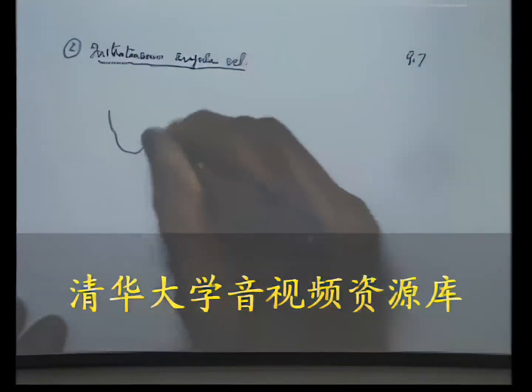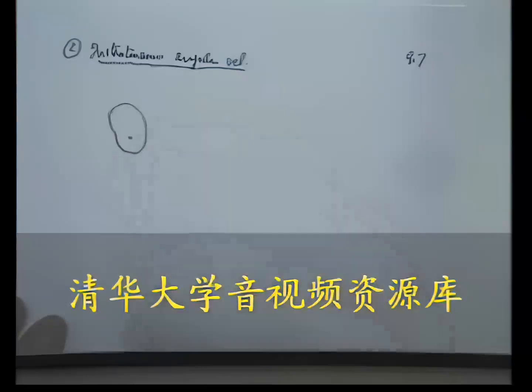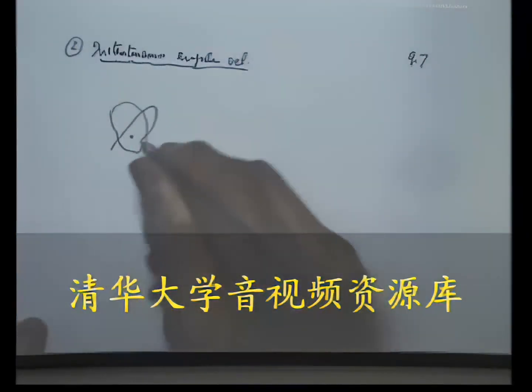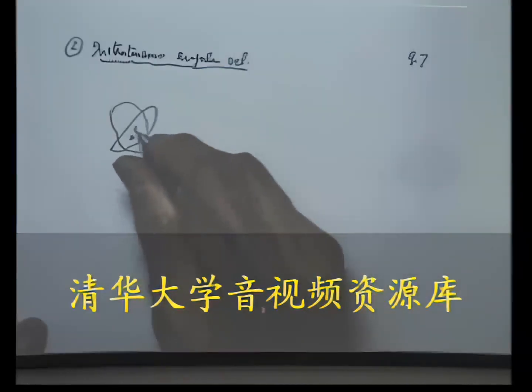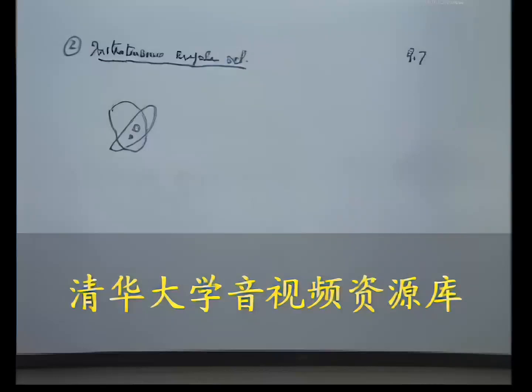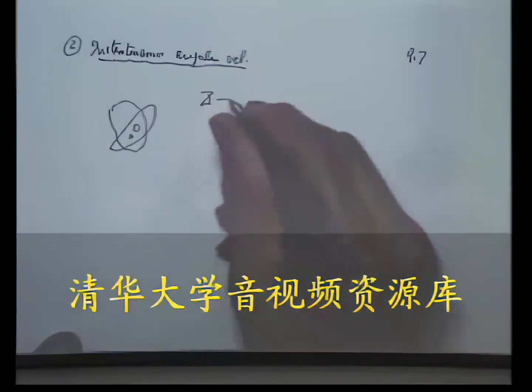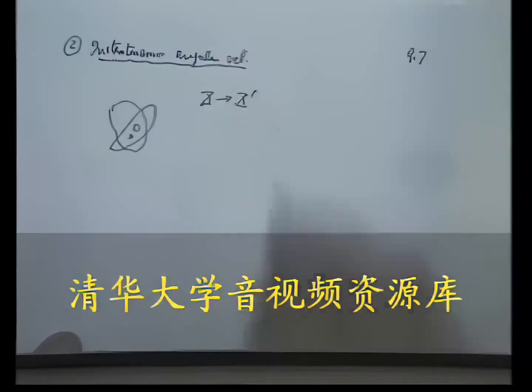We consider a rigid body which has one point fixed, O. So we have a body, let's say x goes to x prime.